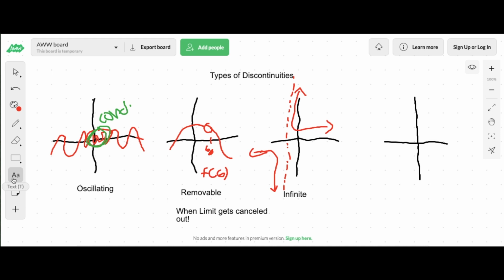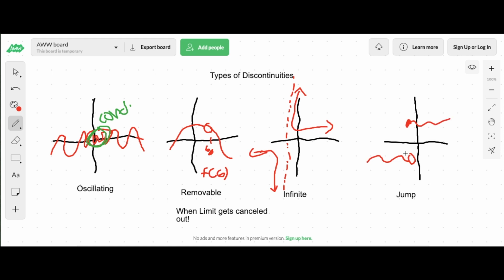And finally, let's talk about jump discontinuities. This is really popular in calculus, and they typically occur in piecewise functions. It's pretty easy to visualize. Say you have a function going like this. You have a hole here, and then it jumps up to a filled in circle, and then continues.